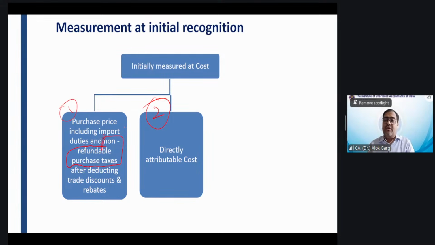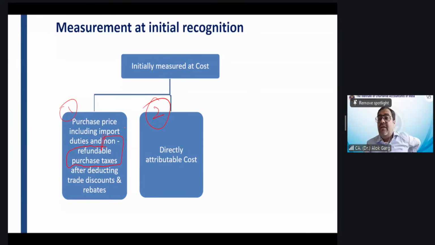Directly attributable cost means those incremental costs which are directly related to the acquisition, construction or production of the asset.